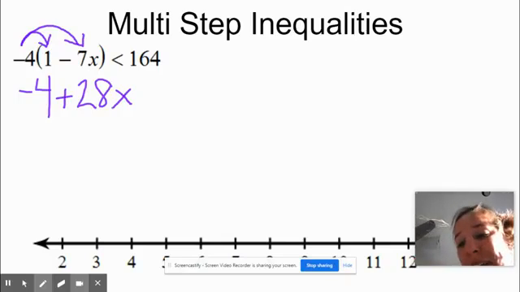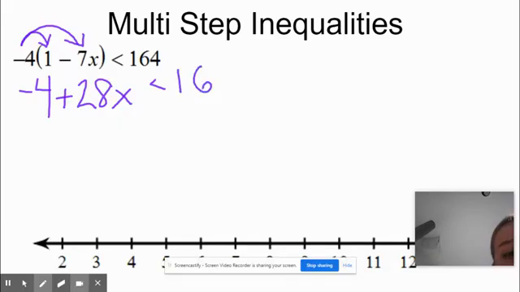I'm still getting used to my tablet, obviously. I'm not gonna flip the sign because I didn't multiply both sides by -4, right? So you only flip the sign when you're doing it to both sides. So this 164 over here never changed. So it just stays.